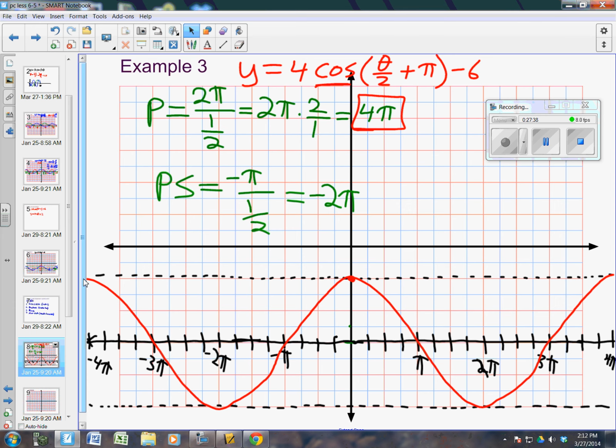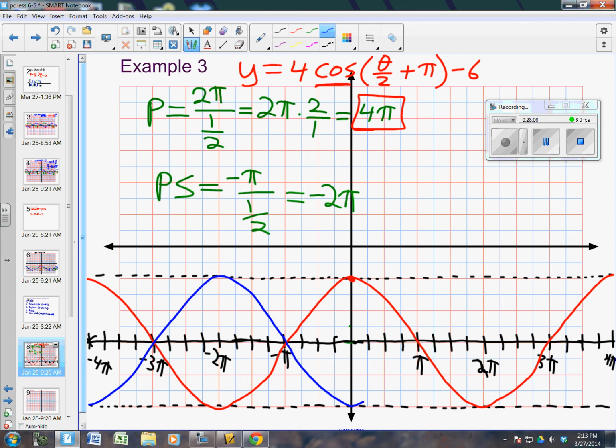So let's start right here where we started the cosine function at, and that's right here at 0. I'm going to have to shift it all the way over to -2 pi. So that hump has to be right here, right? Okay, so we're going to do that in blue. Right here. If I started that right there, that means this thing's going to come down here. I'm going to start right here. I'm going to go up. So that hump right here is at 2 pi. Cross down through pi.